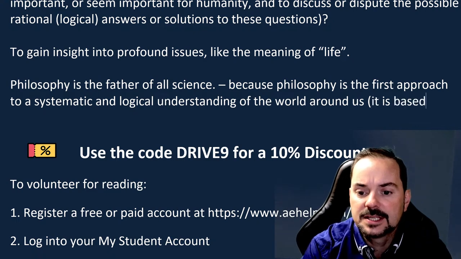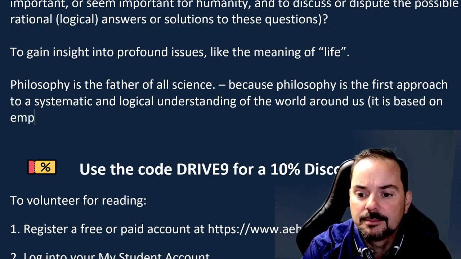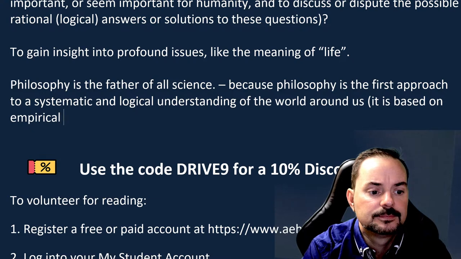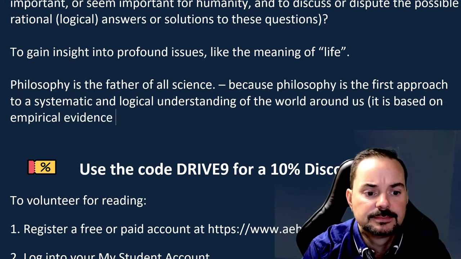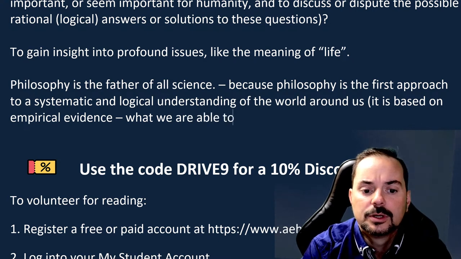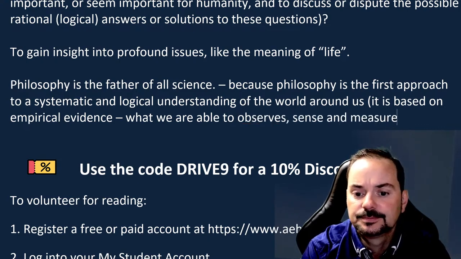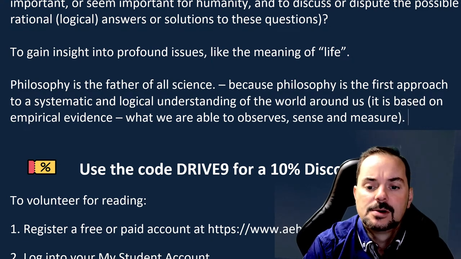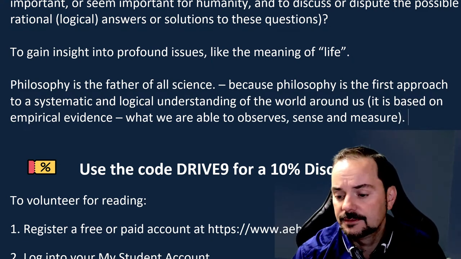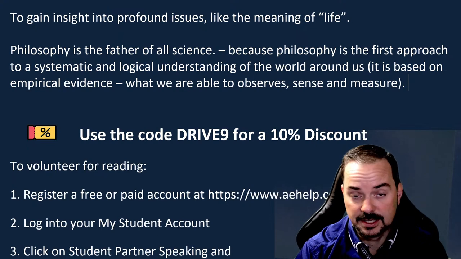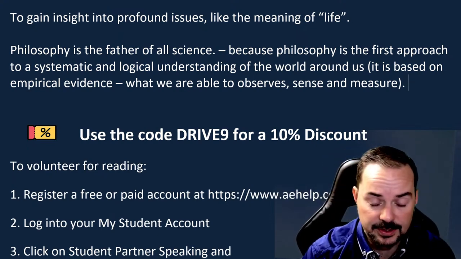It is based on empirical evidence: what we are able to observe, sense, and measure. So philosophy is considered the father of all science. I hope that everybody has at some point learned that.